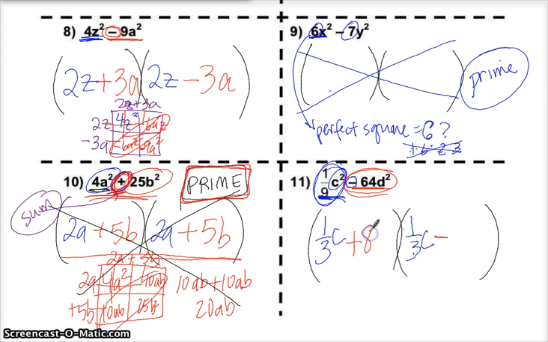And then 8 times 8 is 64. D times D is D squared. So these are almost identical parentheses except you have a plus sign and a minus sign. So yes, it works. You can check it using that box method if you want to, but this is the correct answer.